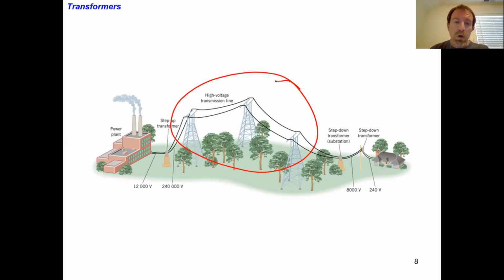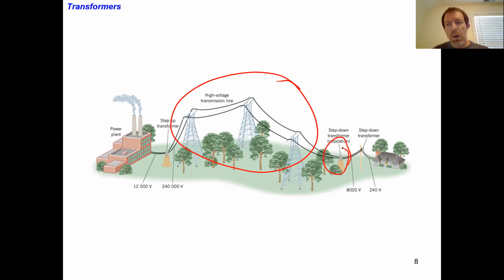But then, of course, what do we need? We need to actually not have a monstrously high voltage coming into our house, right? So we have step-down transformers to transform that high voltage down to a lower voltage.